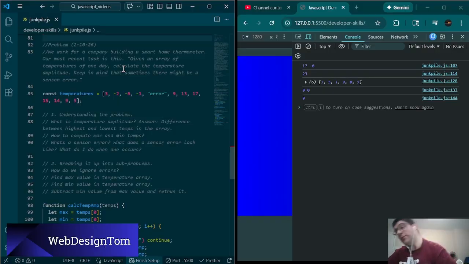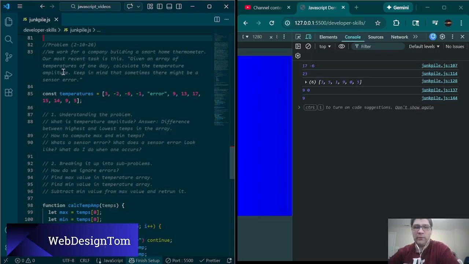No, we didn't do any pseudocode because this problem was not ultra difficult, but it was cool. So the problem he had us do was, okay, we had to pretend we were working for a company that does smart homes, and they were putting a smart home thermometer in.